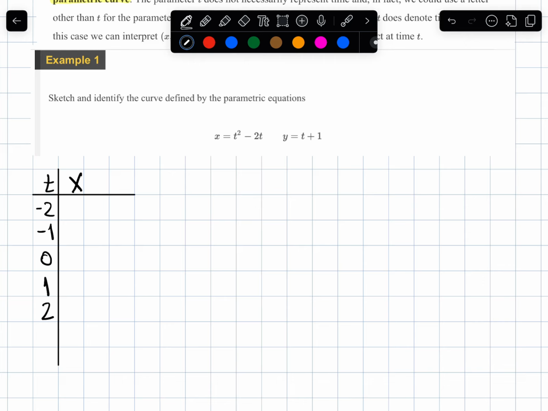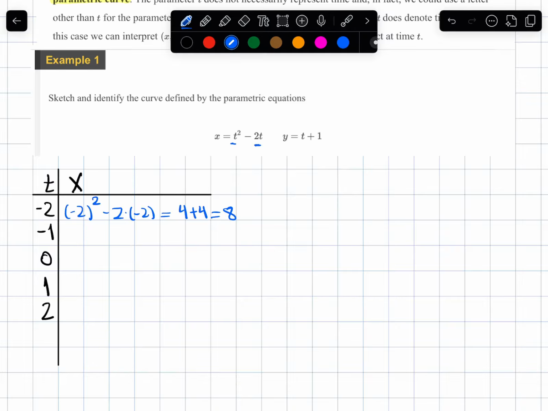So I'm going to calculate the x values for these t values. Let me extend this table a little further, and let me plug in t. When I plug in t equals -2, I'm going to get -2 squared minus 2 times -2. So that will be 4 plus 4, which will be 8.